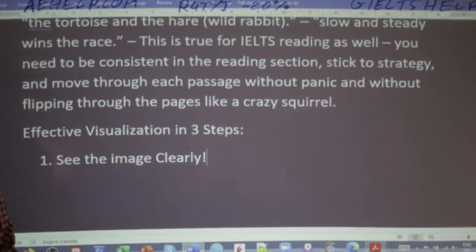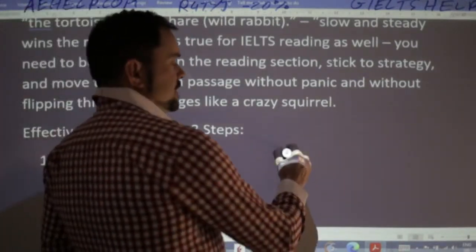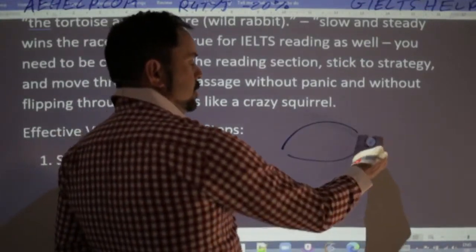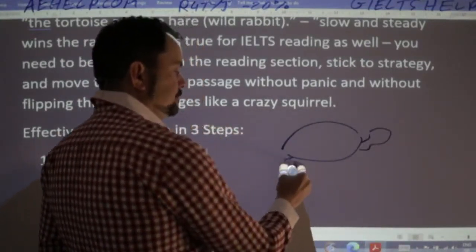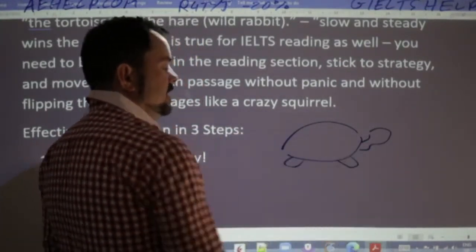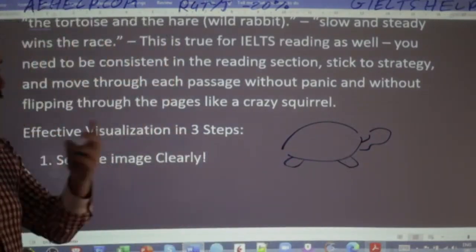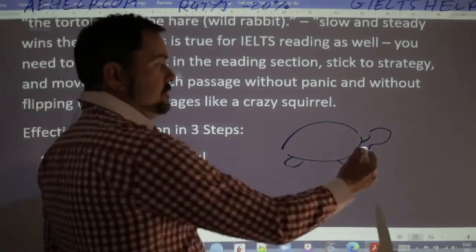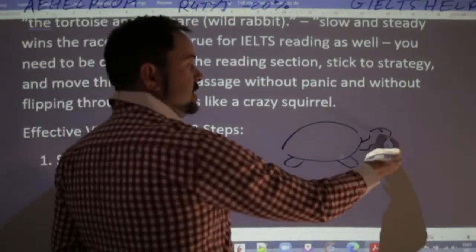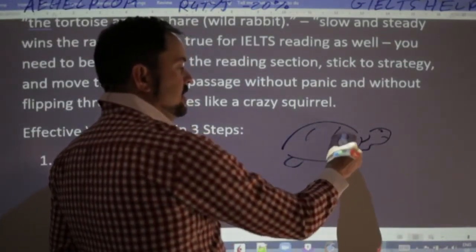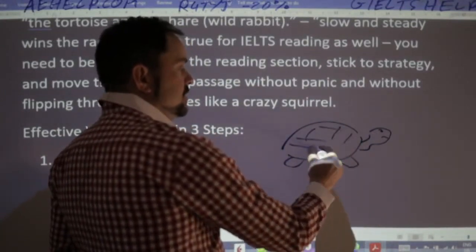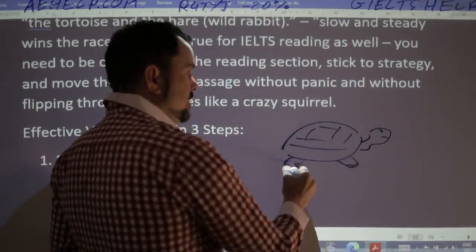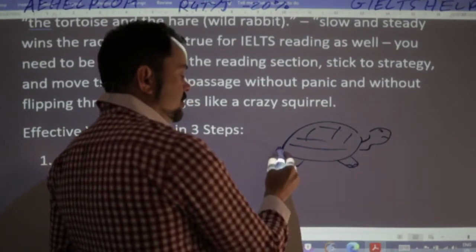Okay? So when you're visualizing that tortoise, you see its shell, you see its little head, you see its little feet. Okay, that's fine. It's a sketch or an outline of a tortoise. Be a little bit more creative. So see its eyes, see its mouth, see the patterns on its shell, see its little toenails. As far as I know, tortoises have little tails.